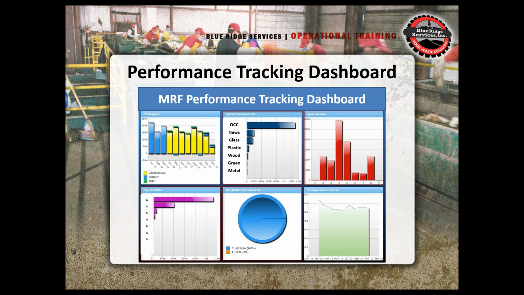Once you determine how you want to modify your operation for improvement, you need to have some metrics to be able to track that. And we've got a couple of very smart guys in our company who are developing dashboards, performance tracking dashboards, to be able to monitor performance at a MRF or at a landfill or at a transfer station or whatever, to be able to identify and see at a glance, in a snapshot, what's working with my system.